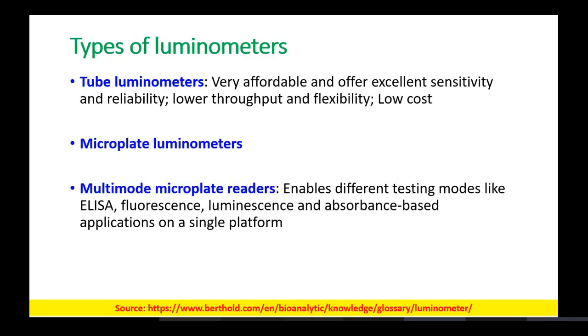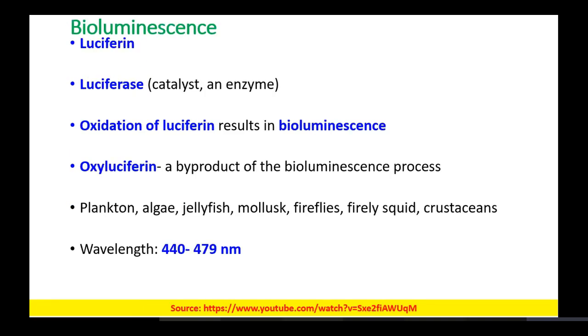We discussed the tube luminometers, wherein test tubes are inserted into the luminometer and the visible light which is generated is captured. Then we discussed the microplate luminometers and how they function. Then we also discussed the multi-mode microplate readers.